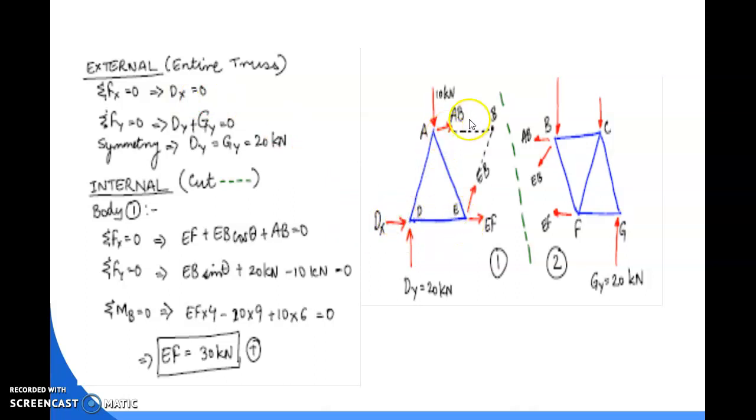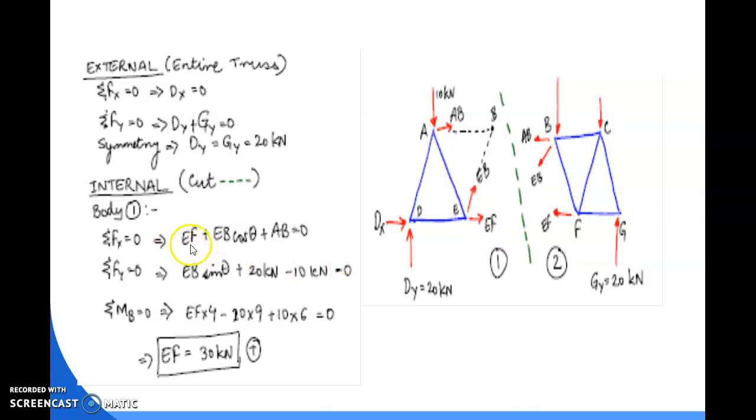Next, FAB and FEF are the direct horizontal forces and FEB is the inclined force, so we have to resolve this one. Hence, FEB cos theta is the horizontally resolved force for this inclined member. Now you can see all the members are directed towards the right, so all are positive.